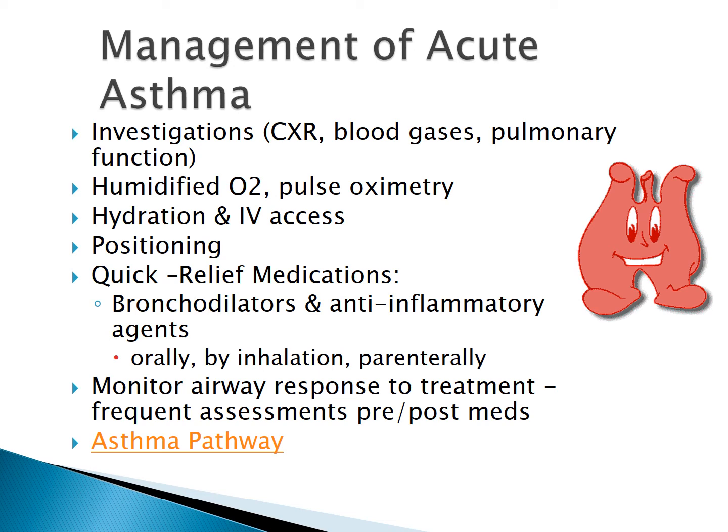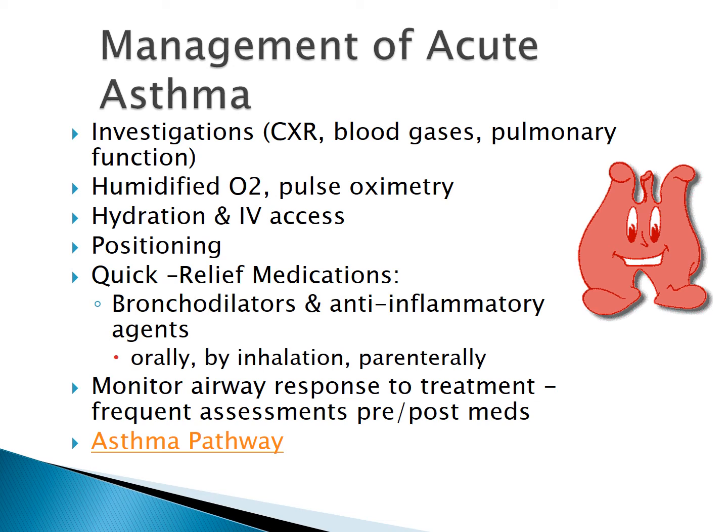And as far as the anti-inflammatory agents, we might start with something like oral prednisone, but might need to move to IV steroids to get the absolute best effect when the child is in a fair bit of distress. And then, of course, we're monitoring the airway response to treatment with frequent assessments pre and post meds.